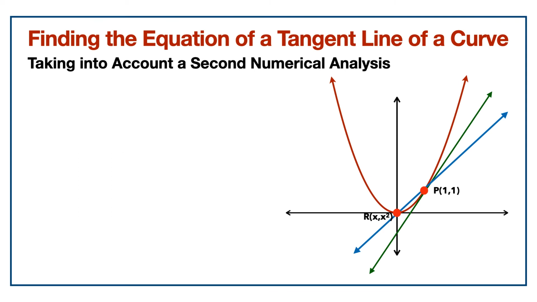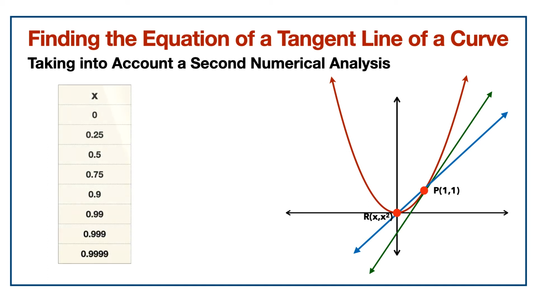I realize I have point R situated at the origin here, but I'm still going to generally name R's coordinates x and x squared, because point R can be any point less than P. We create the numerical analysis again of randomly selected x-coordinates starting at x equals 0 and move up the parabola to x equals 9,999/10,000ths.